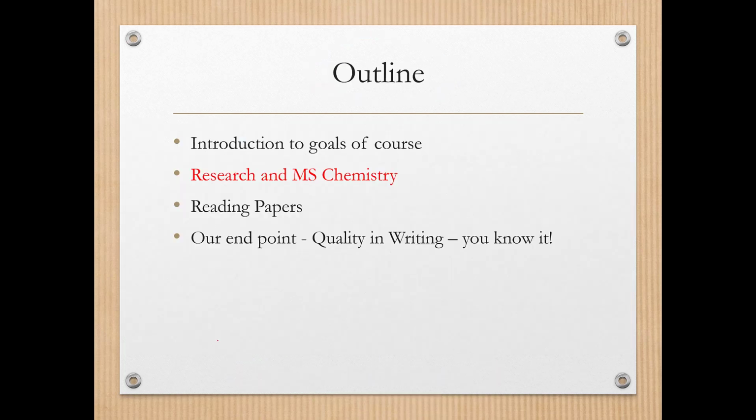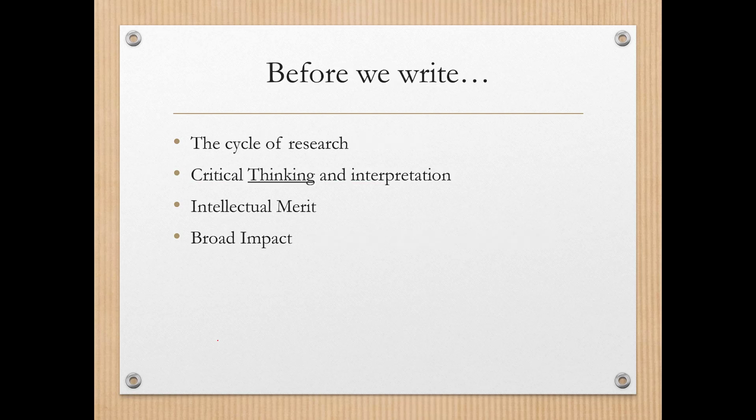Let's talk for a little bit about research and the MS program in chemistry. In particular, when we think about research, and before we start writing our introduction to our thesis, what we're going to think about here is what aspects of research are important. There's a cycle of research.